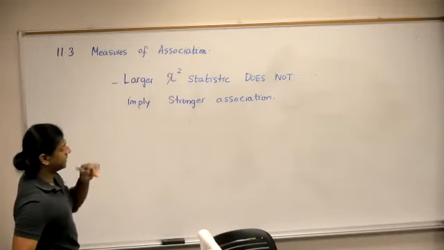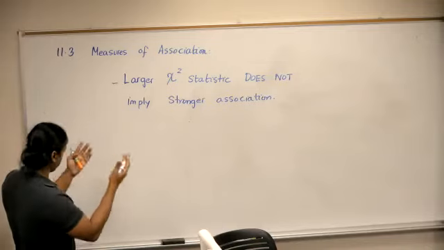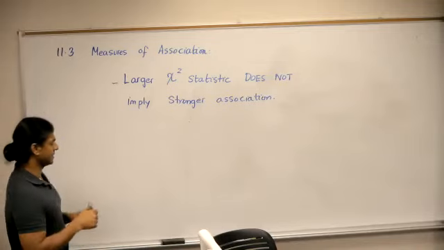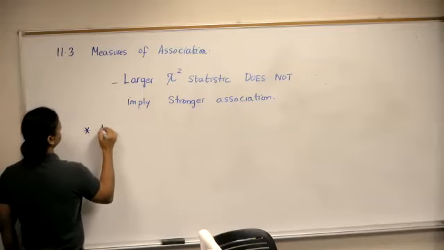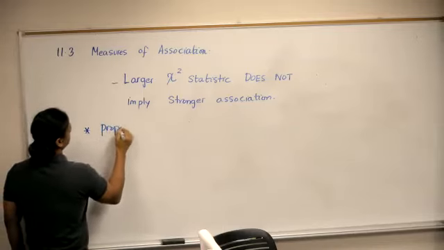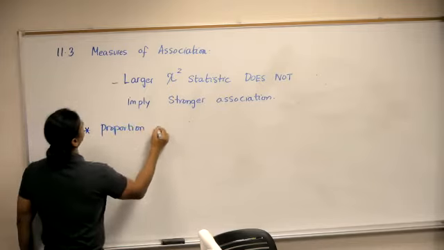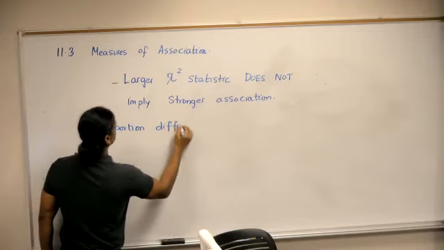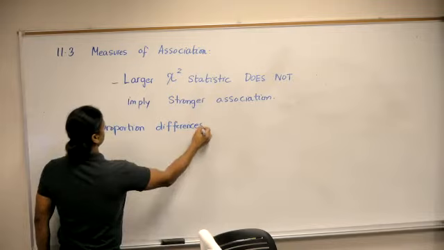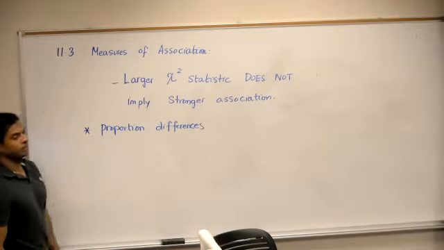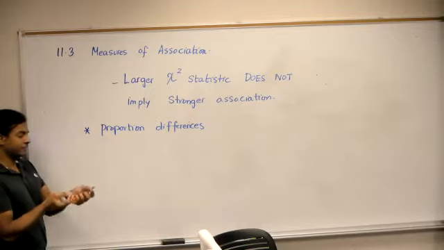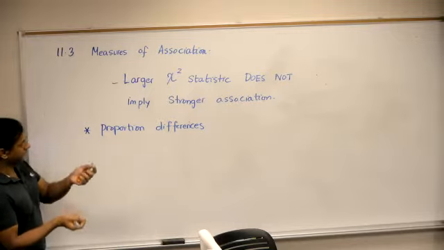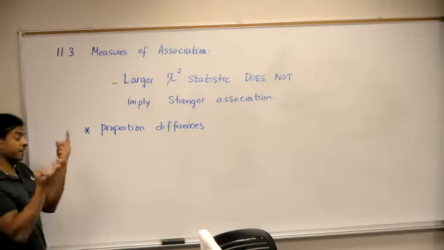So how do we measure the strength of association? The first one is proportion differences, or difference of proportions. We have two groups, we just want to find the difference between P1 and P2, and we just subtract.